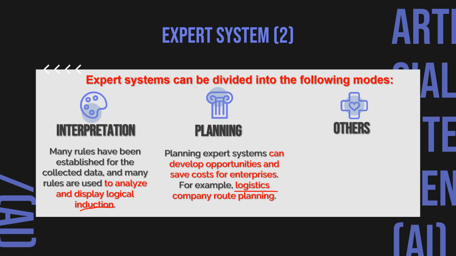So if they can have a planning expert system, they have routine routes. Otherwise, they will have a lot of cost, a lot of money. So route planning is very important for the post office. They send mails, products, and others.